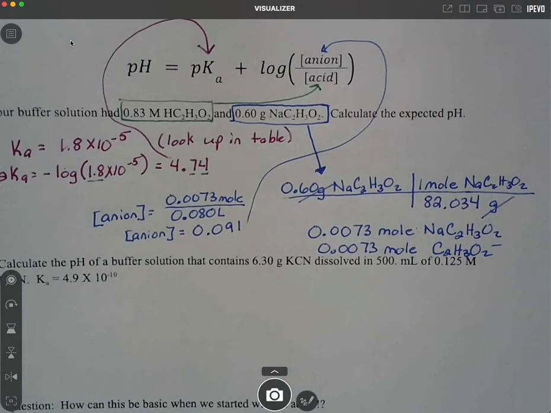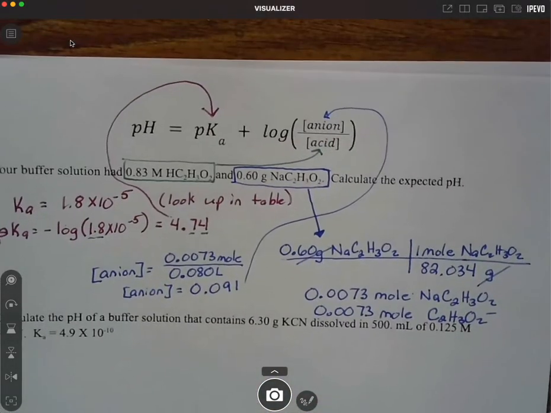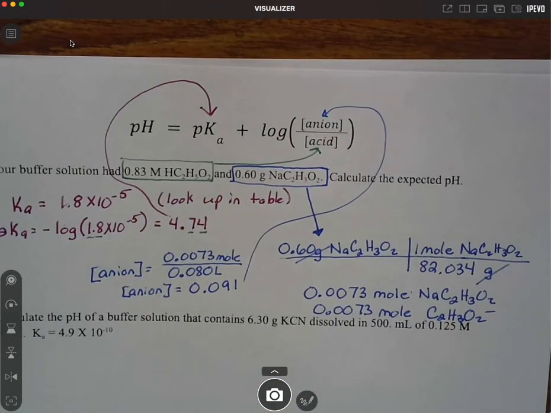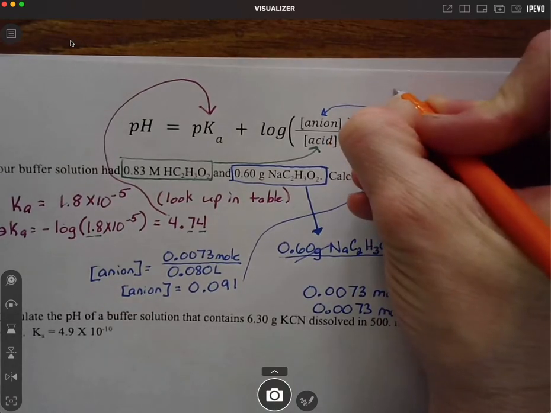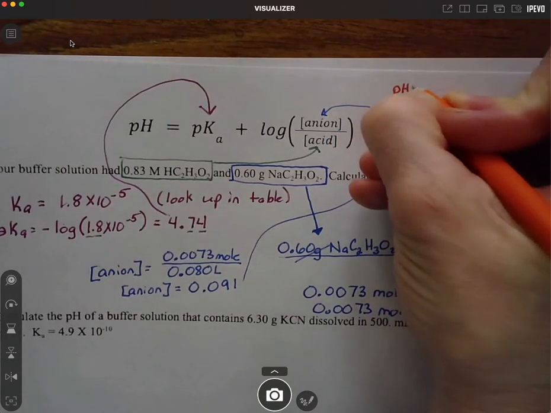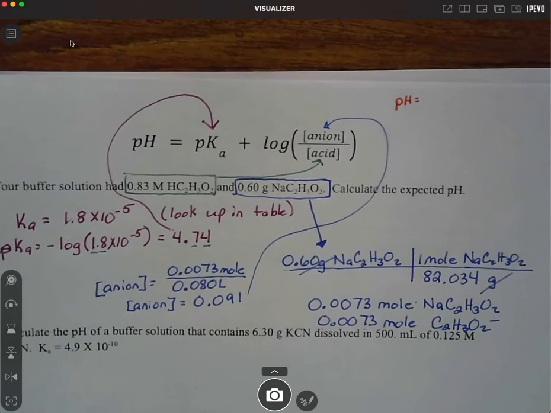And I've pretty much run out of space, so I guess I'll make my calculation up here. So if I want the pH of the buffer I made, I just have to grab all these pieces.